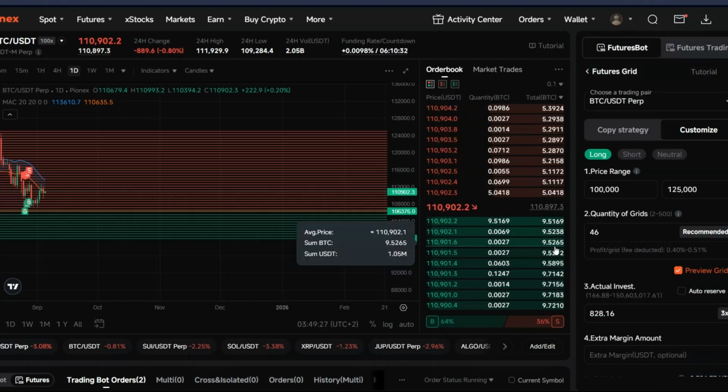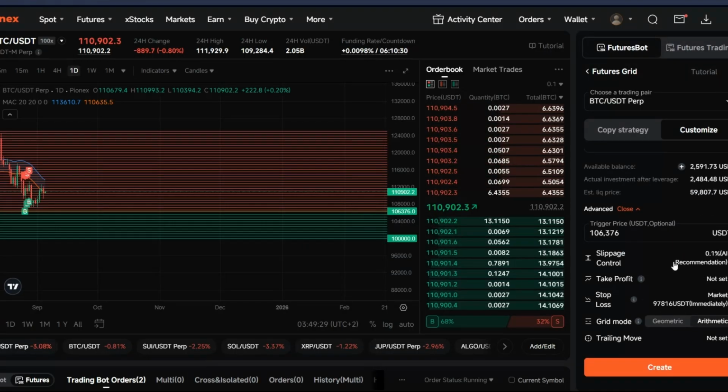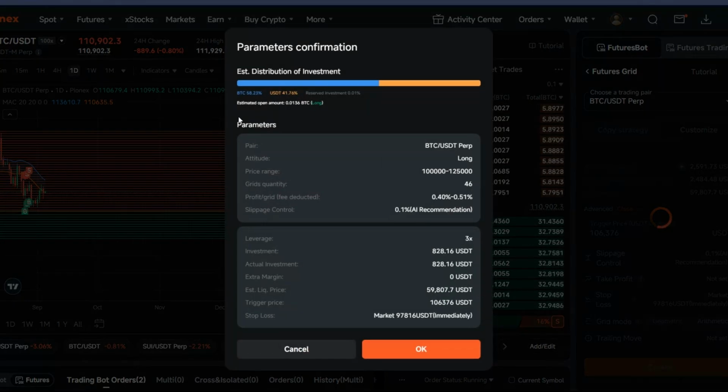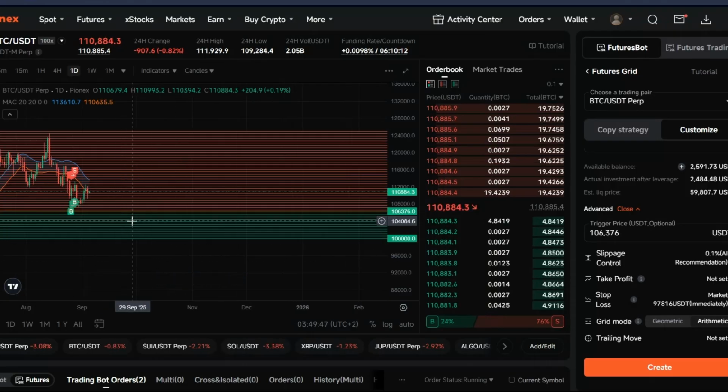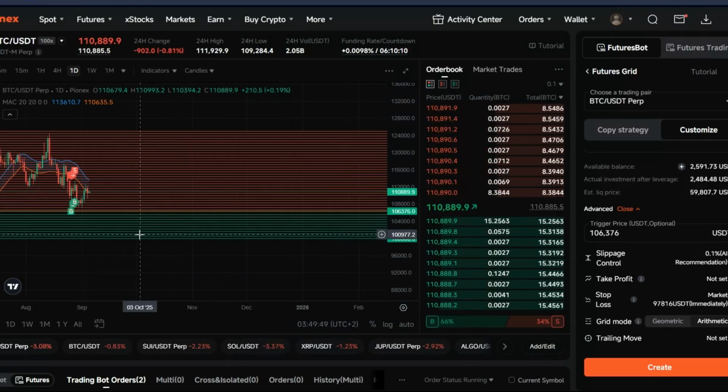Okay. Now, if I hit create, you can see that it's giving me 58% of my position is gonna be waiting at 106, and 41% of my money will be waiting on the green lines to be hit. What does that mean?